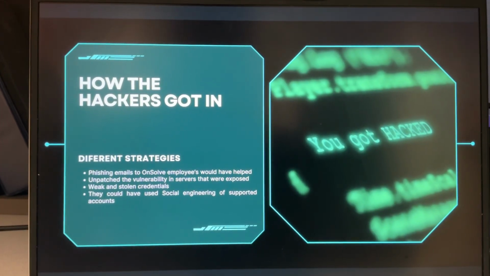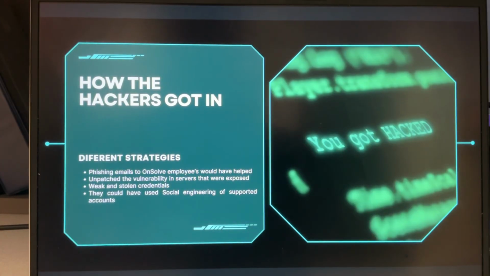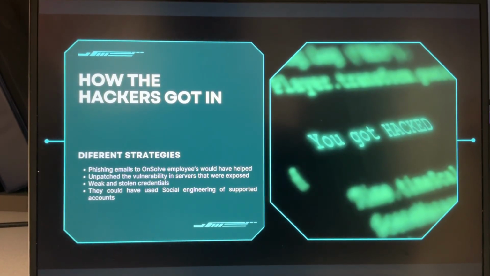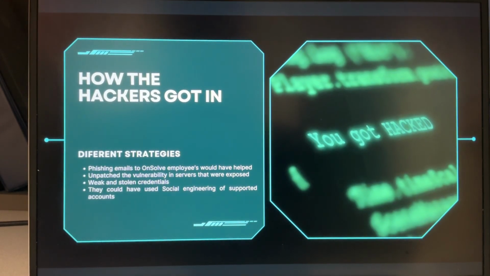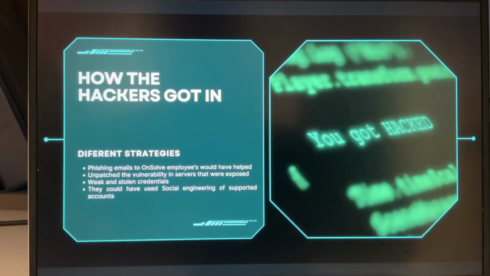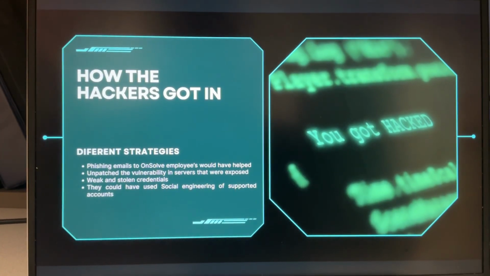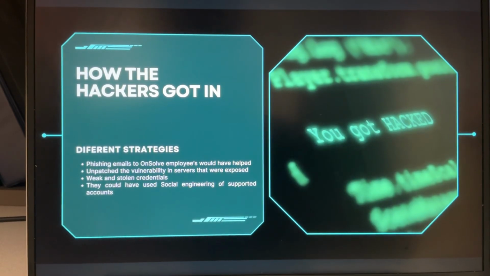So here's how the hackers got in. They used phishing emails targeting OnSolve employees. OnSolve is the company in charge of Code Red, and they used phishing to gather information on who they were trying to attack.